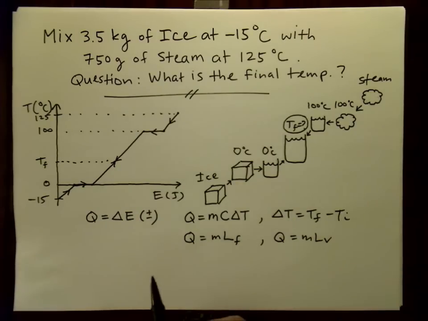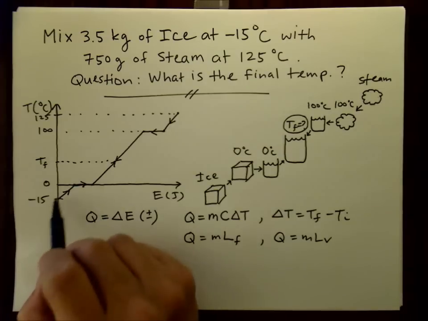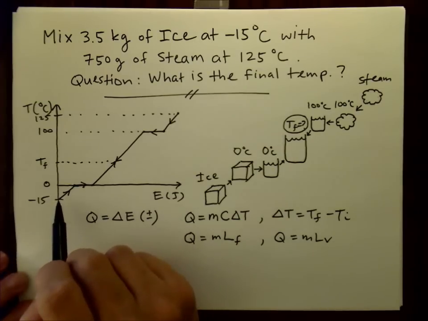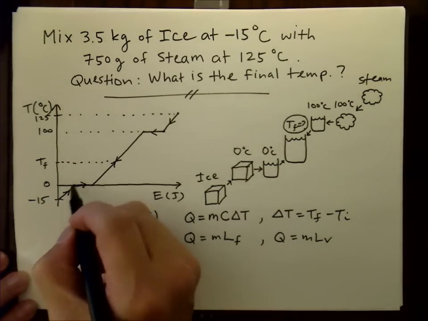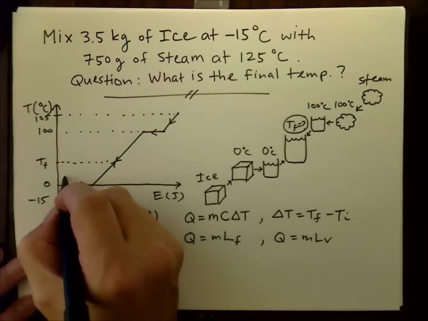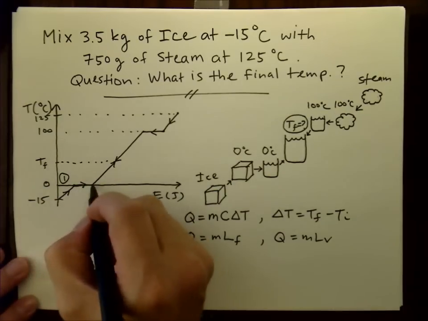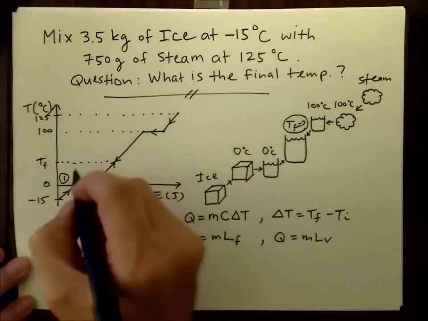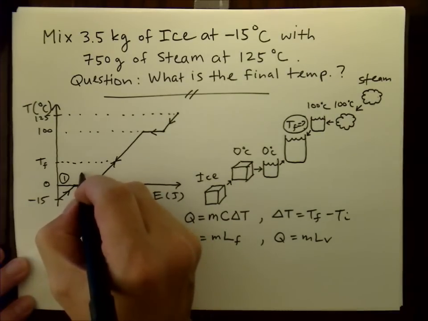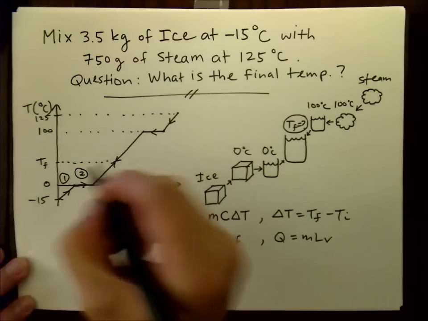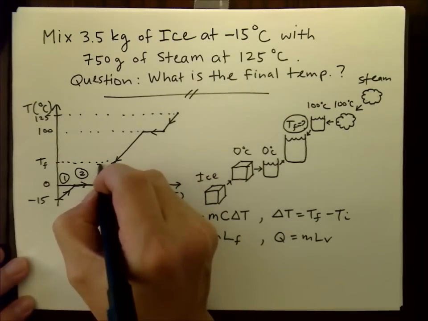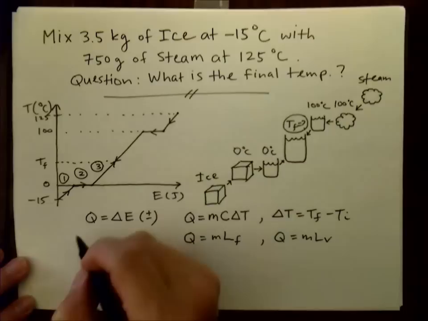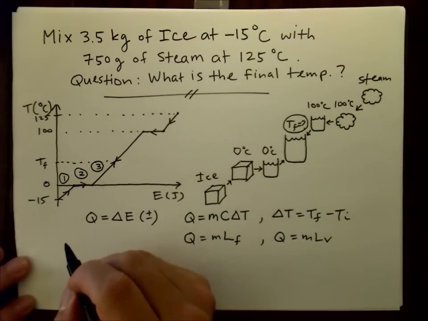Now, if we take a look back at the diagram, if we look at all the transitions or all the heats involved, we notice that there is one quantity of heat associated with the ice heating up, another quantity of heat associated with the melting of the ice, and of course then once it's all been melted, the water in liquid form from the ice is then heated up and rises in temperature.